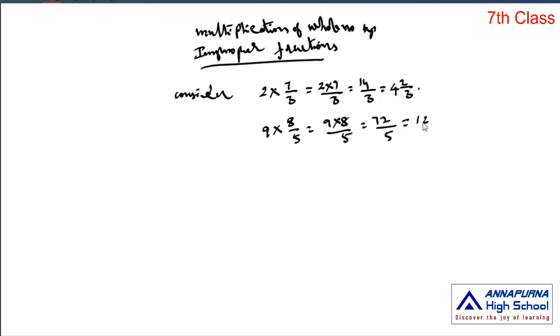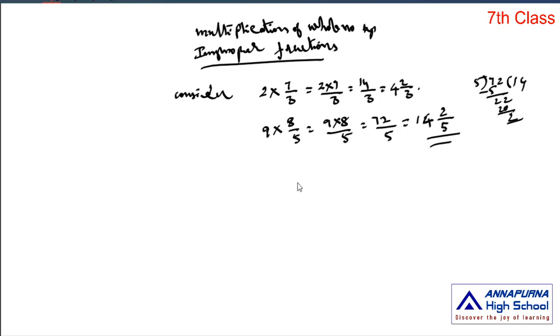That means 5 12s are 60. 72 minus 60. Say divide here. 5 1s are 5, 2, 2, 5 4s are 20, 2. So in 72, how many times 5? 14 times. The remainder is 2. Therefore, 14 2 by 5.